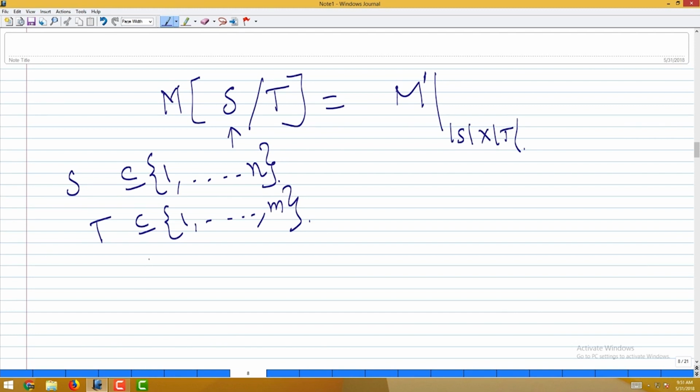The complement of this we will be writing with curly brackets, S bar T. For square brackets we use to take rows and columns from S and T. If I am doing the complement, I just write it with curly brackets. Even in the previous classes I had been writing this, when I write delete row i column j, I just wrote it as A of i comma j, right. So this is the notation that I am trying to talk about here.